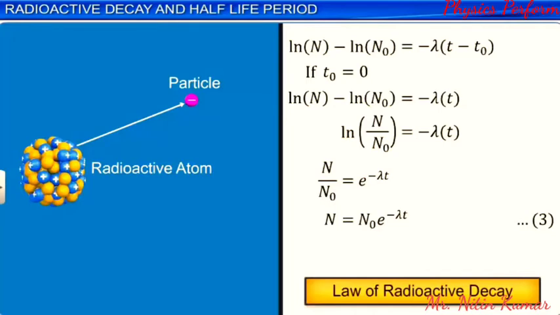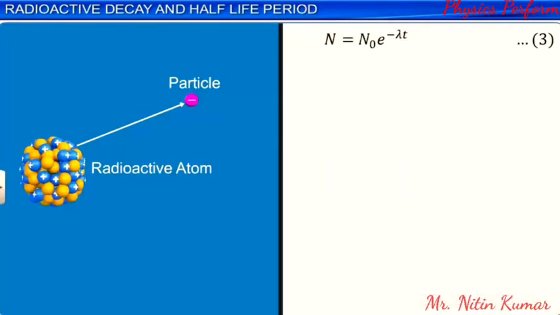In general, we are interested in the number of nuclei decaying per unit time than the number of nuclei present in the sample. Number of nuclei decaying per unit time is known as the decay rate and is denoted by R. R is equal to minus dn by dt.